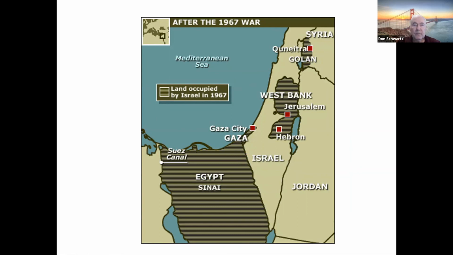Now, the war did not increase the size of Israel proper, although East Jerusalem, which had been formerly under Jordanian control, was assimilated into Israel proper. But the territories that you see in dark brown were not annexed by Israel, but rather were militarily occupied.